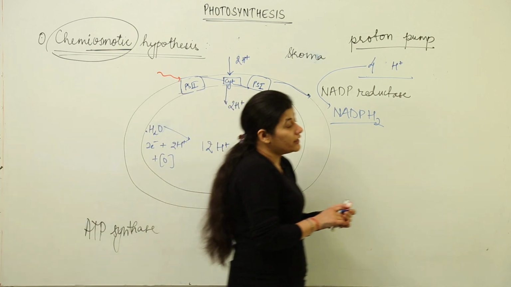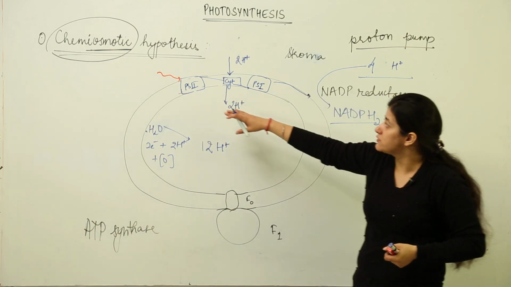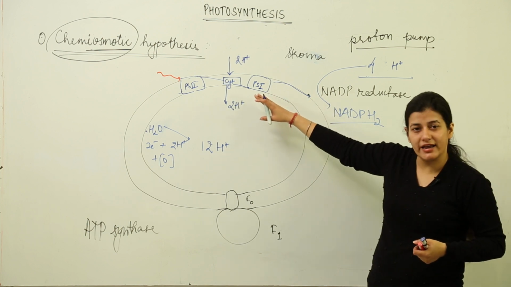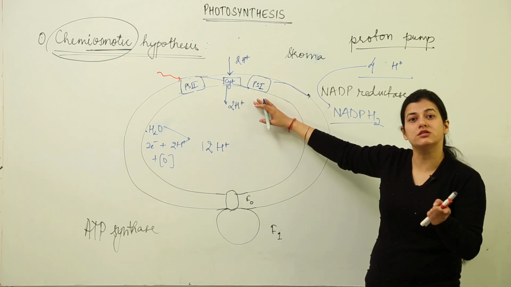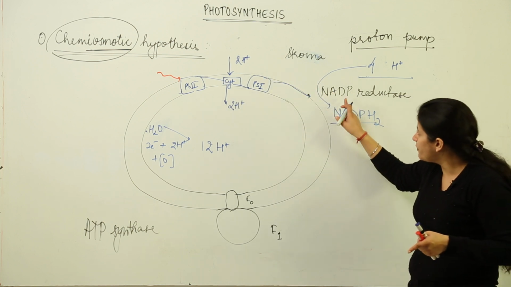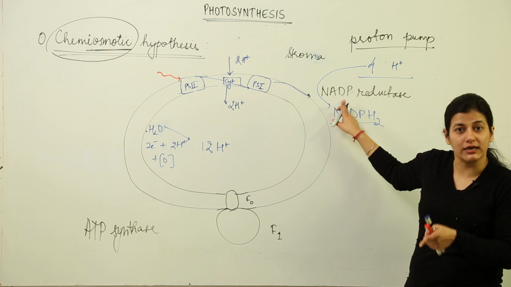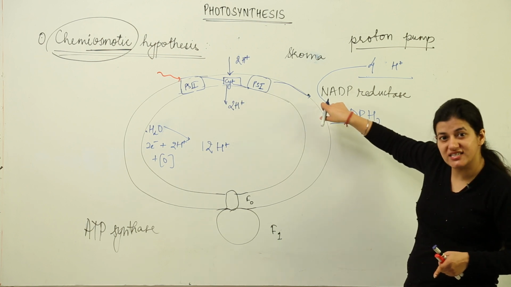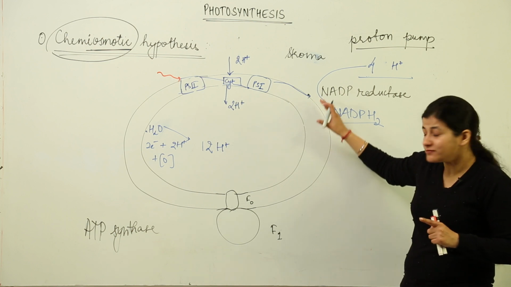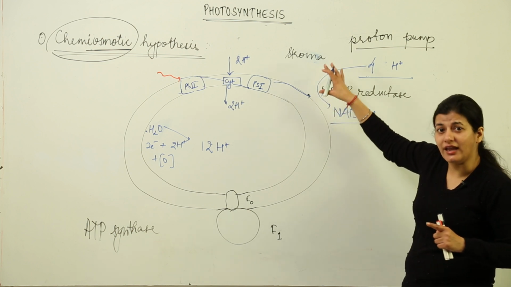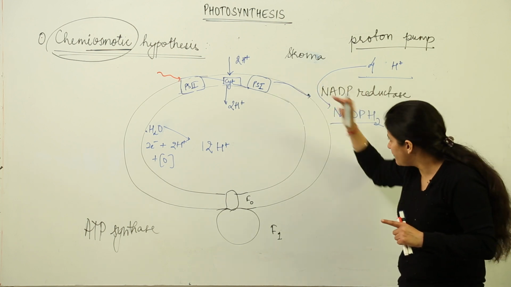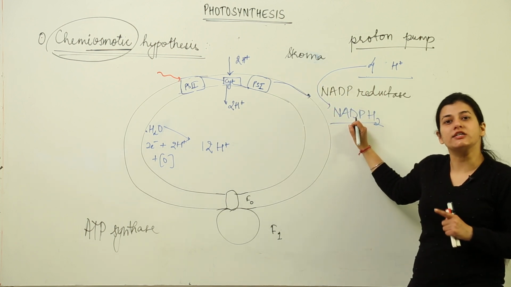Third, in this process taking place in both photosystems, the electron excited from photosystem 1 goes to NADP positive in the presence of NADP reductase, which is present not inside the lumen but outside on the outer membrane. That NADP reductase enables taking up protons from the stroma itself and fixing them into NADPH2.